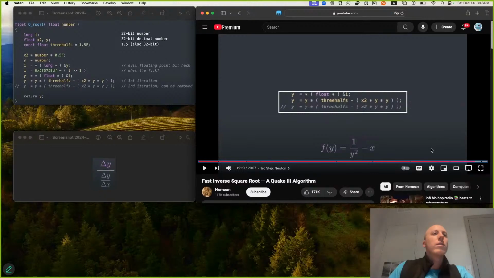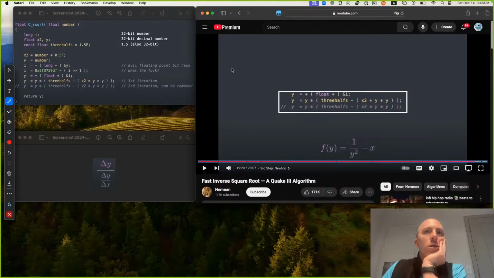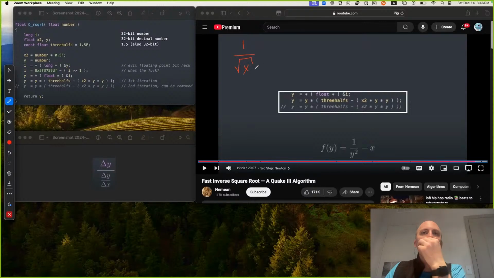So what we thought we were doing was computing 1 over the square root of x. But you could also say no, we weren't doing that.